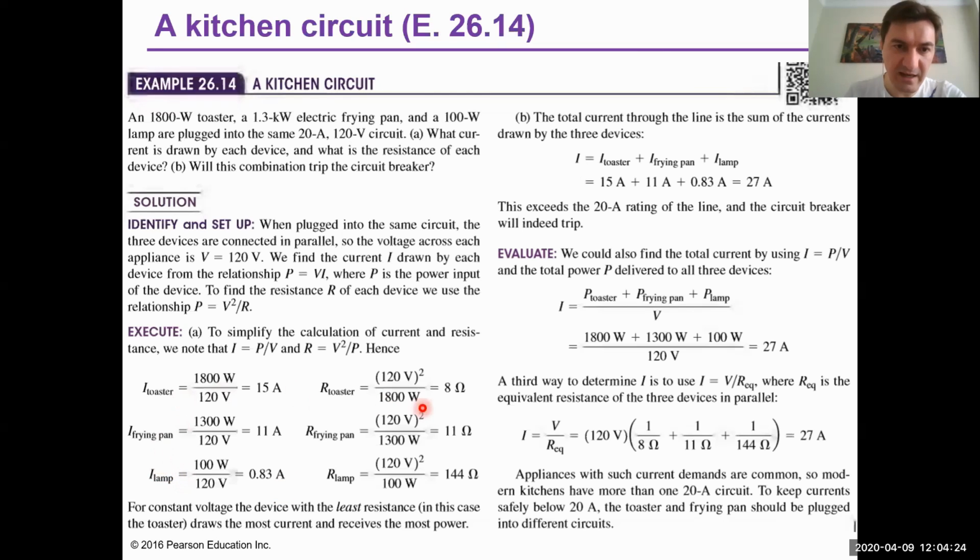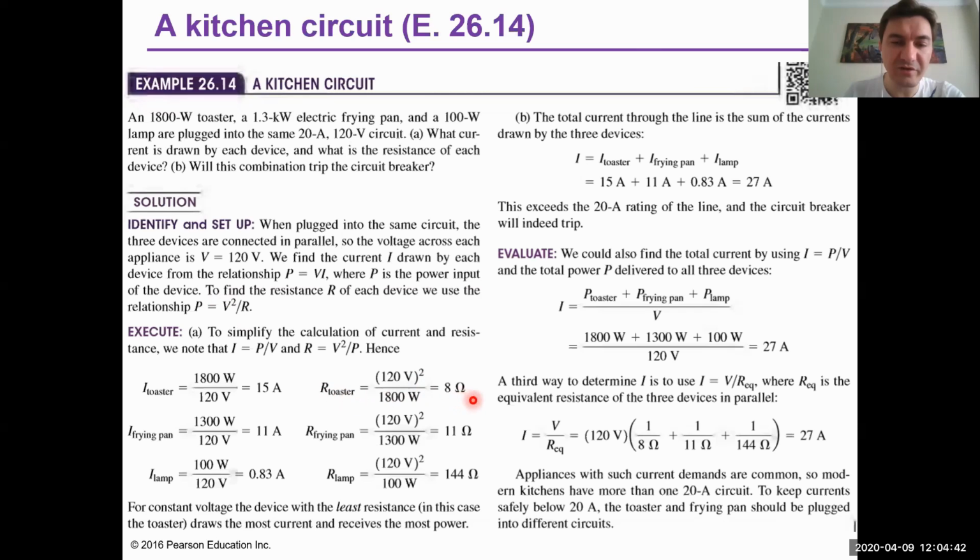Again, you can also calculate the resistance of the toaster, the resistance of the frying pan, and the resistance of the lamp. Power is given by V squared over R, so if you take R, you get V squared over power.